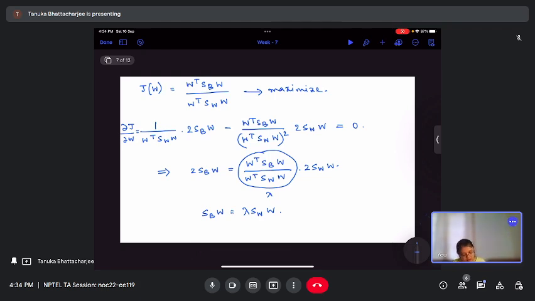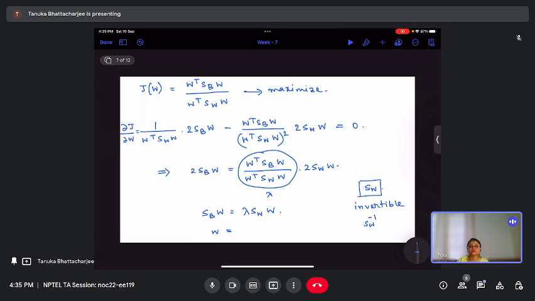Or you can even simplify it. Let's say your SW is invertible. In that particular case, SW inverse exists. In that case, you can make W equal to, I am ignoring this constant because this is just the magnitude along the direction.